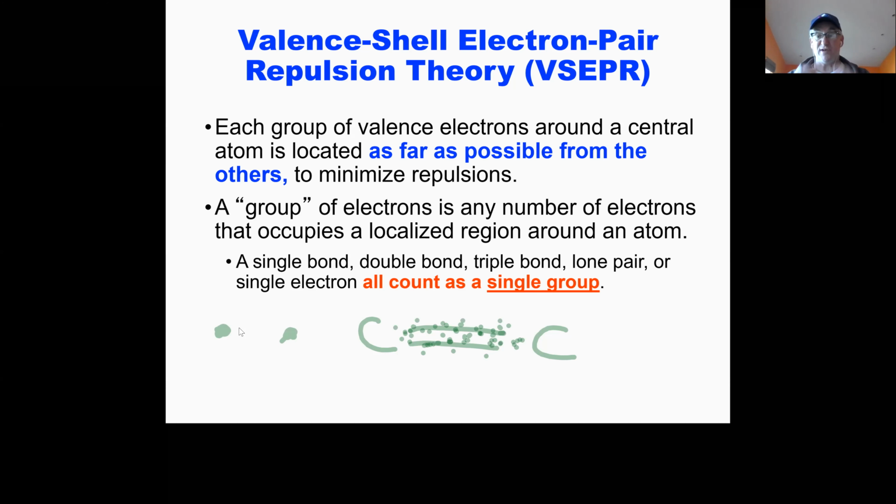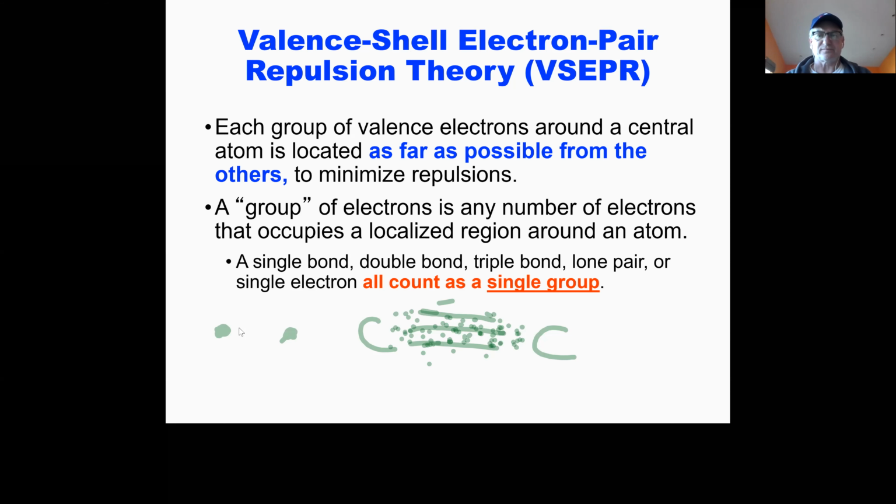And then if there's a triple bond between them, then that's an even higher density of electrons between those. Still in space, still between those carbon atoms, but now there's 3 times as much electron density. It's still a single group.